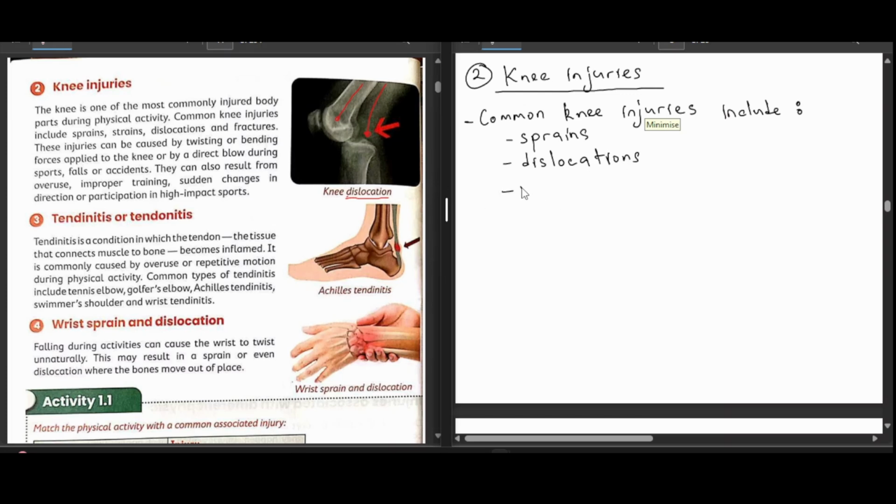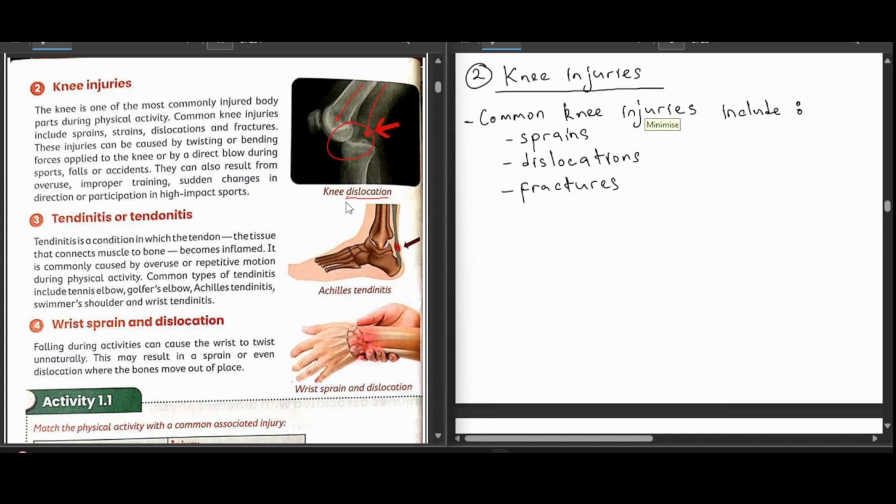When we talk about a fracture, this is a case where the bone is actually broken. Dislocation occurs at the joint, where bones are dislocated. This is the joint area where we have our kneecap, and the bones move out of place.